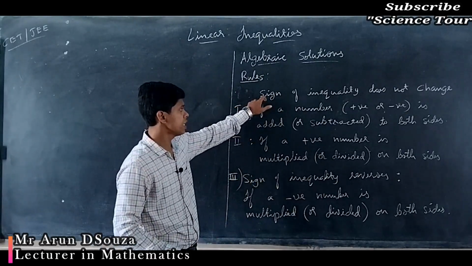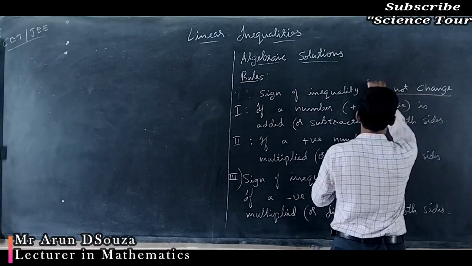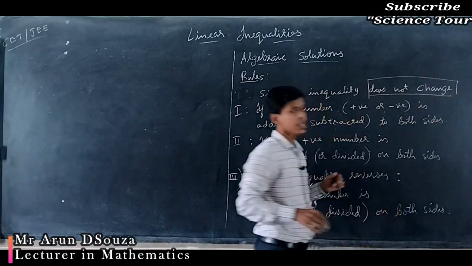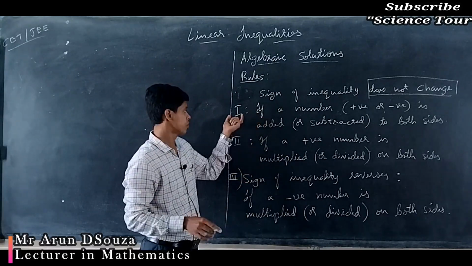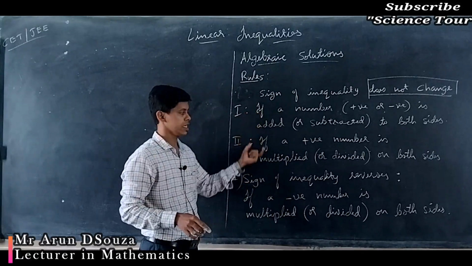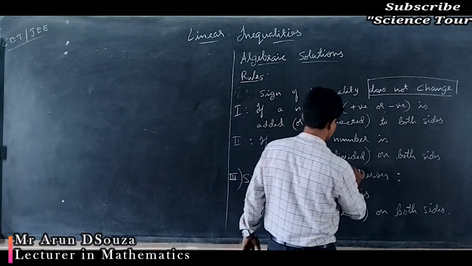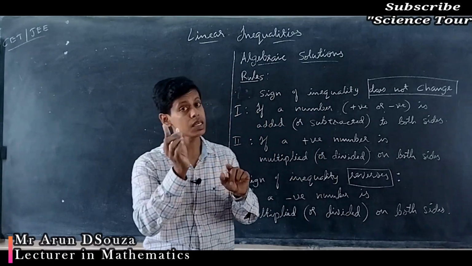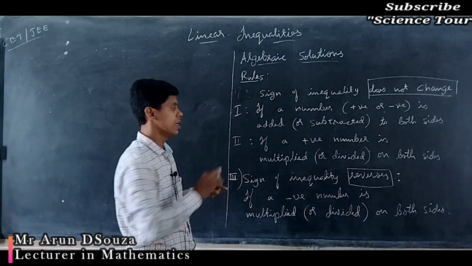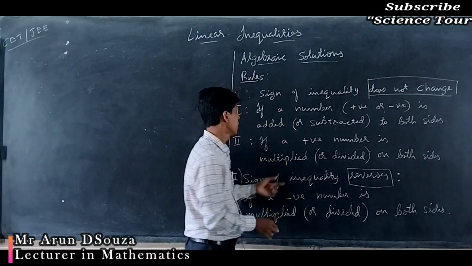First is the sign of inequality does not change, when the first thing happens or the second thing happens. Second, the sign of inequality reverses. Less than becomes greater than, less than or equal becomes greater than or equal, and vice versa.